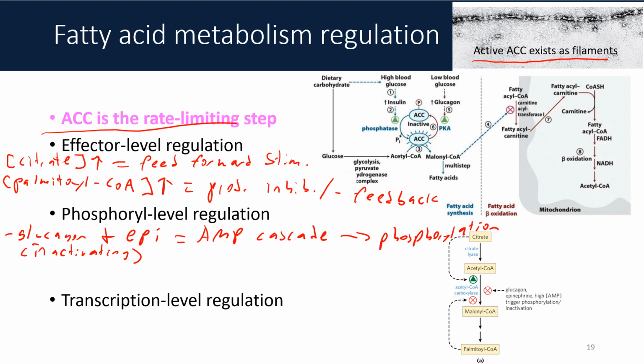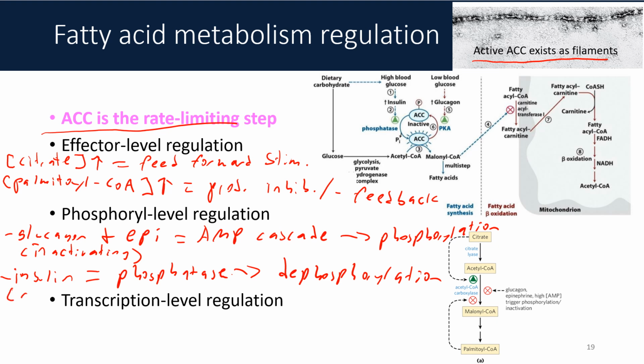Likewise, insulin is going to also stimulate a cascade, which is going to result, instead of a kinase being activated, in activating a phosphatase, which results in dephosphorylation, and therefore, activation.